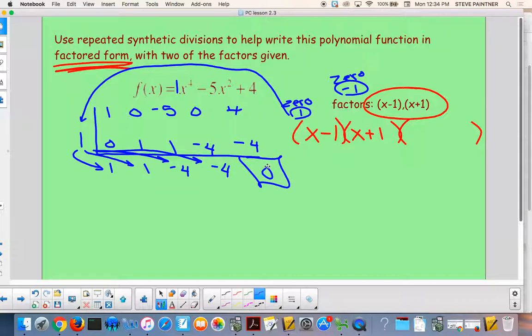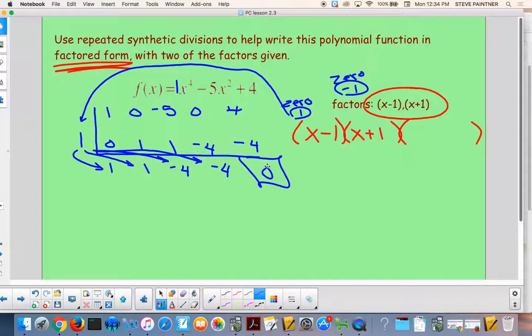How do I know the answer is 0 for sure? Because it's a factor. They told me, here are 2 factors of your polynomial. I better get 0, right? So right now, here's what I have. I have x minus 1 times this polynomial.